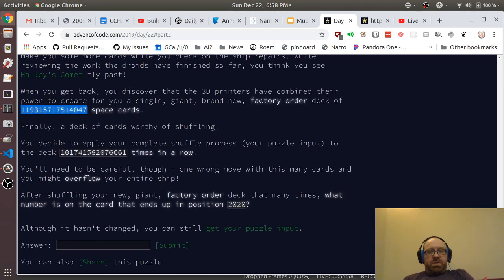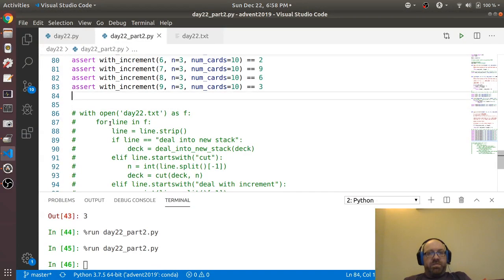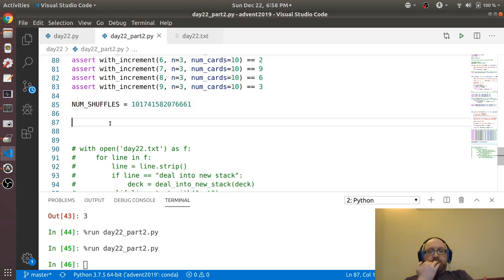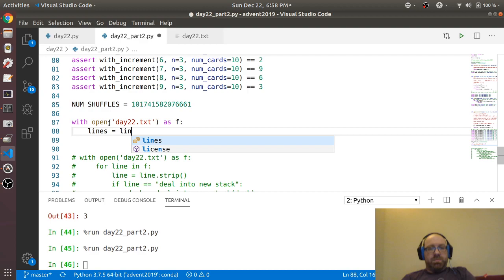So now num cards, and here's num shuffles. So let's do num shuffles equals this. And let's say with open day22.text as f, lines equals line.strip for line in f.